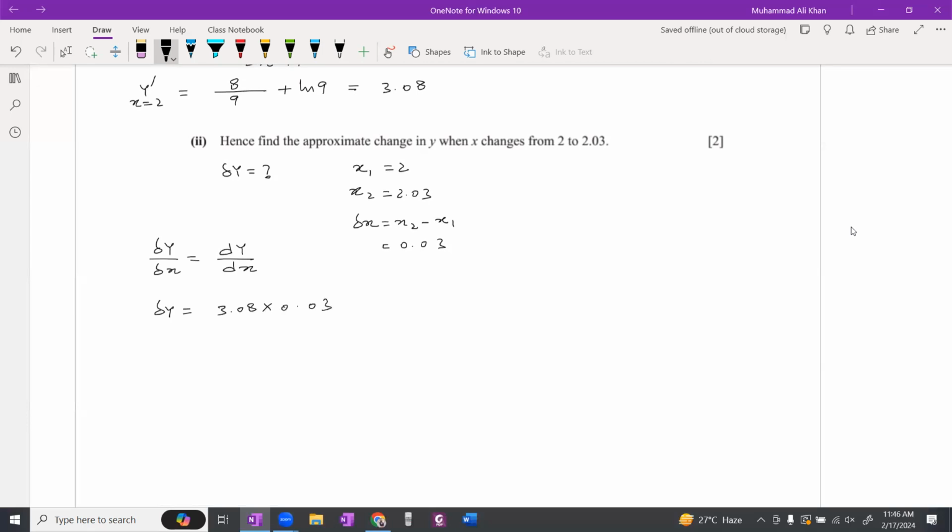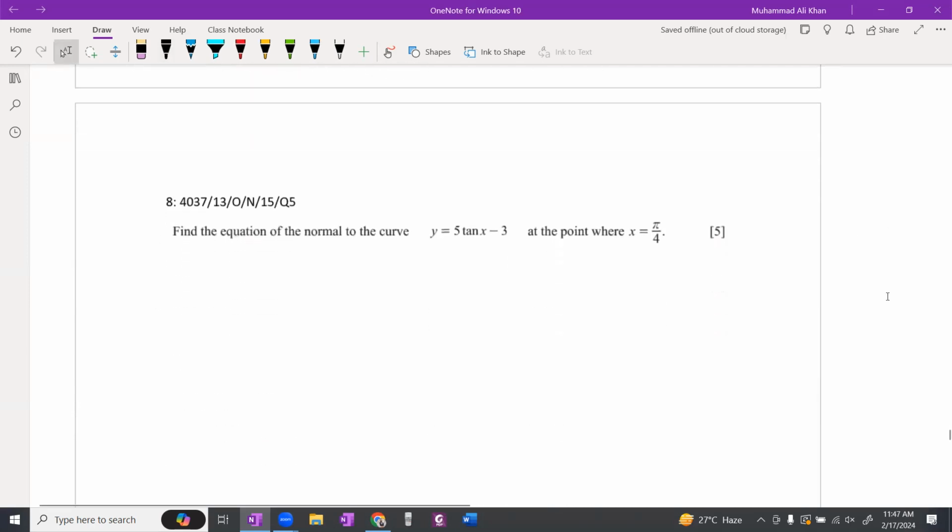So what is the result? 0.0924. This is the final answer. Hopefully the question is clear, right?